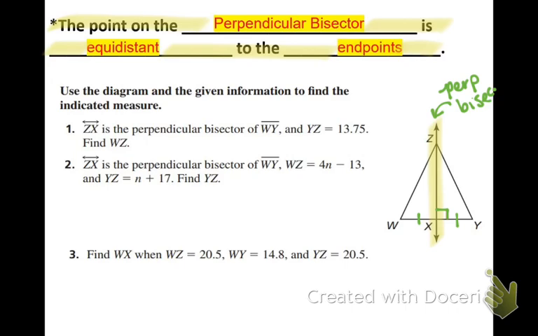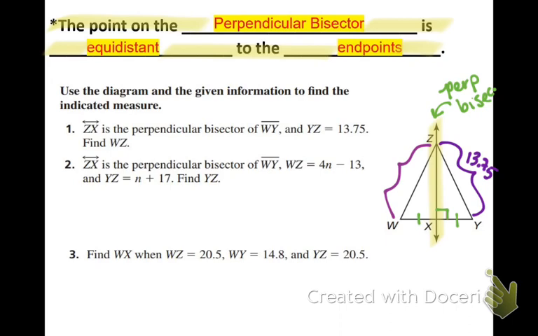It says YZ is 13.75, and then to find the length of WZ. Remember that when there is no line above 2 letters, it means length of. So we want to find the length of WZ.